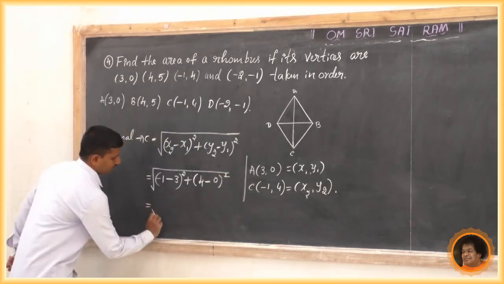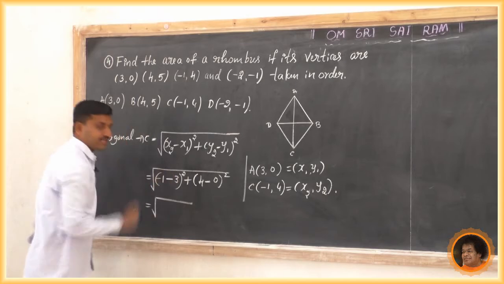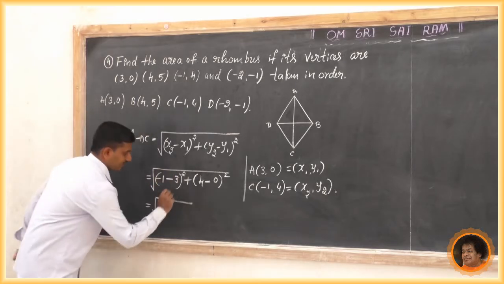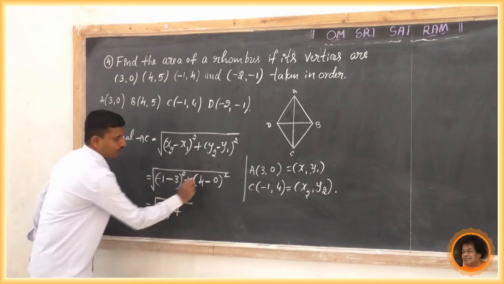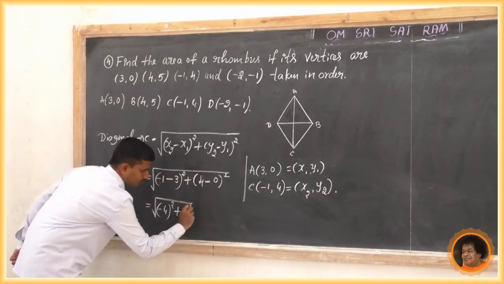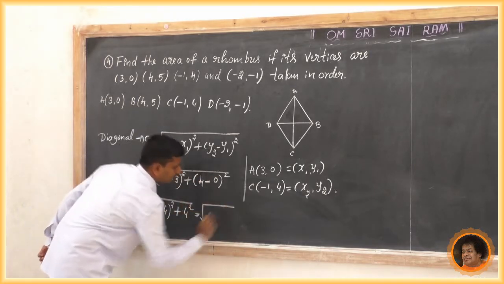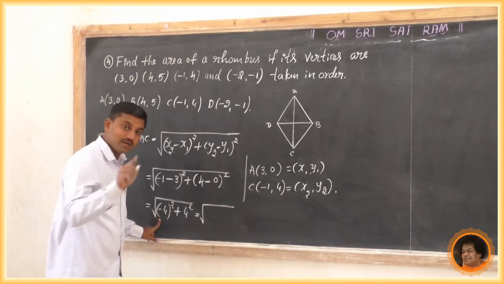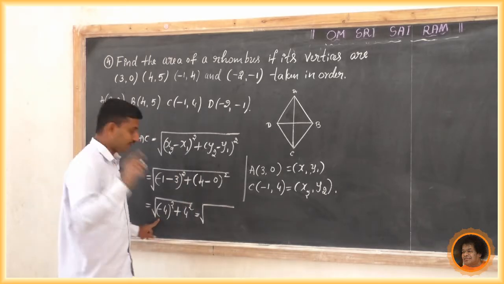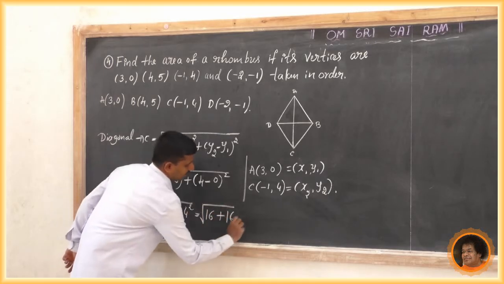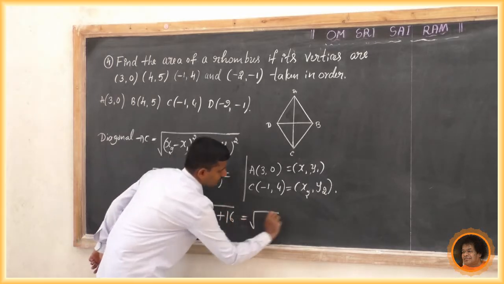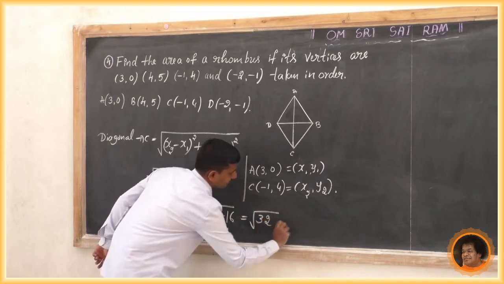So minus 1 minus 3 is minus 4 whole square plus 4 minus 0, 4 square. Minus 4 into minus 4 is 16, plus 4 square, 16, which is equal to the square root of 32.